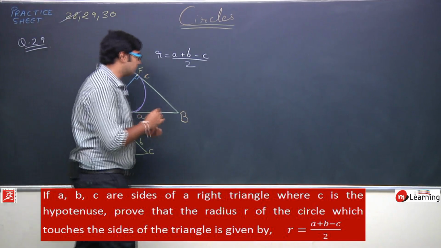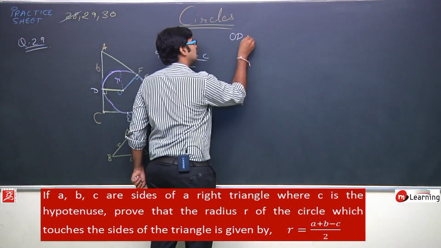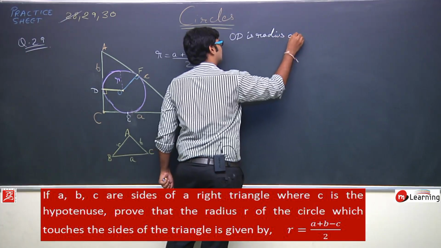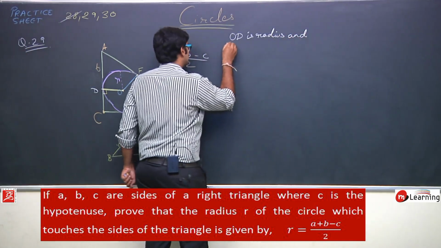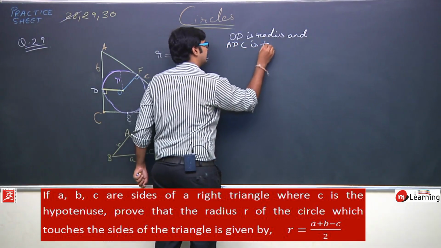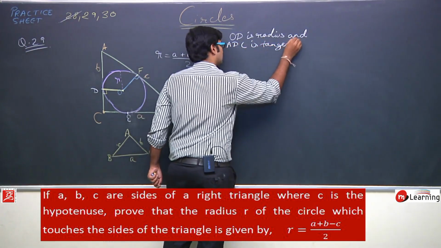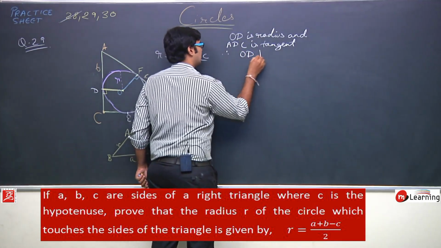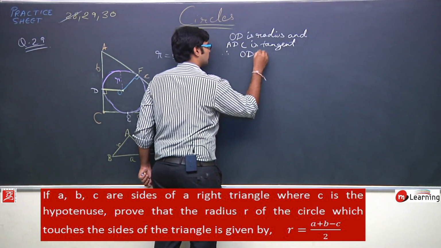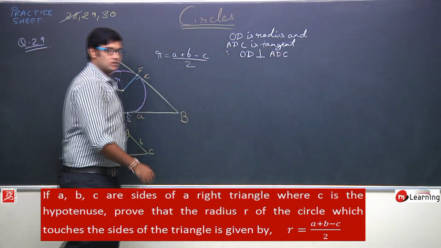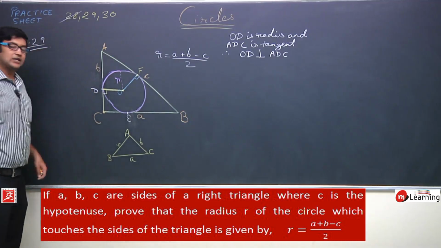I can see that OD is radius and ADC is tangent. Therefore, OD is perpendicular to ADC. So this angle is 90 degrees.